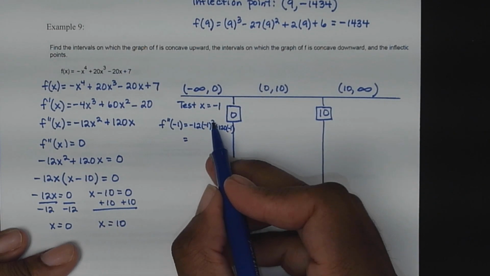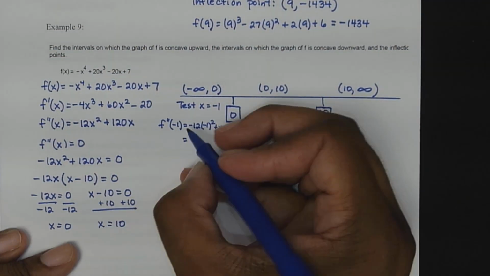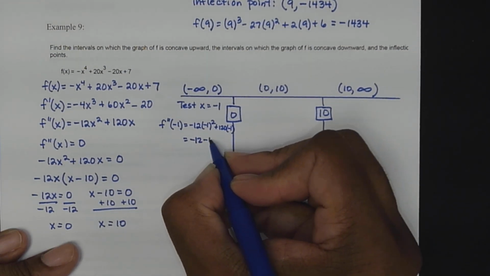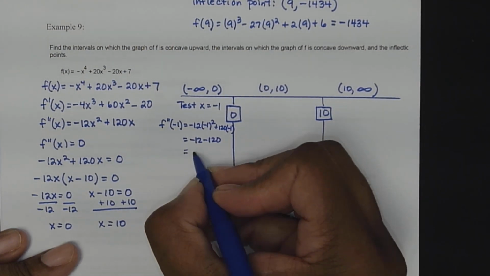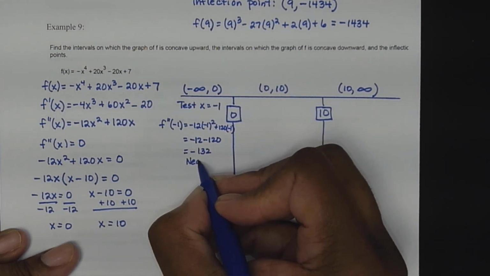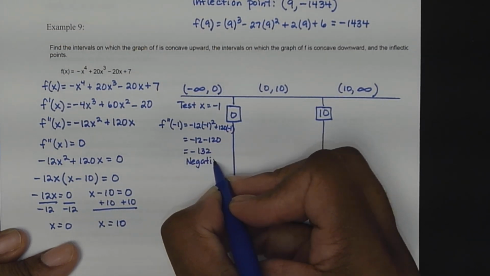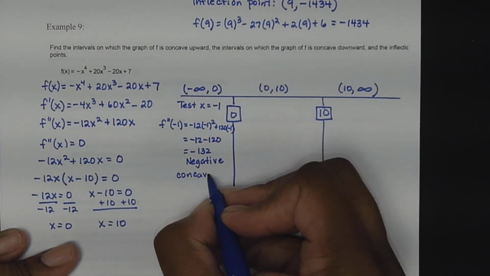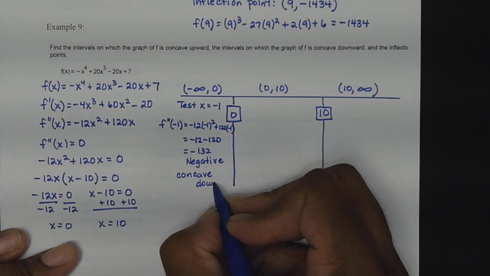That negative 1 squared will be a positive 1 times the negative 12 will be negative 12. 120 times negative 1 will be minus 120. This will end up being negative 132, which is negative. So from negative infinity to 0, the graph of the function will be concave down.